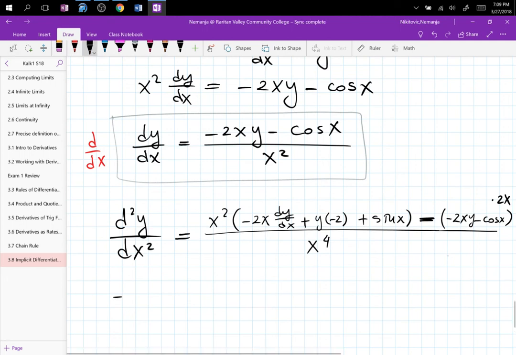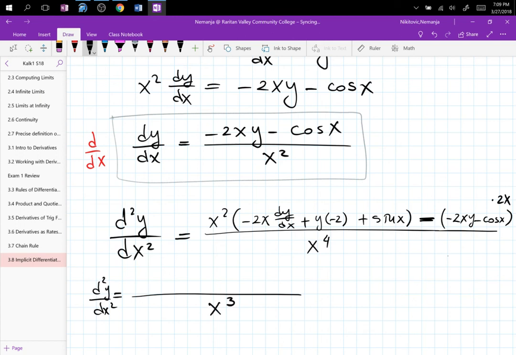So now to simplify this, we can cancel one of the x's, so we have x cubed now in the denominator. In the numerator, one of the x's canceled, the other one stays. And in parentheses, I have negative 2x dy dx minus 2y plus sine x.